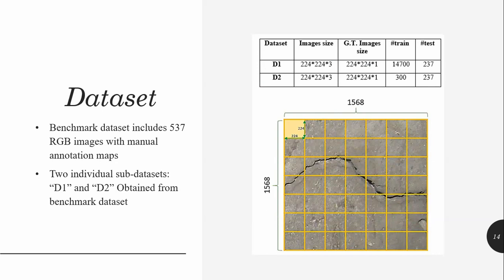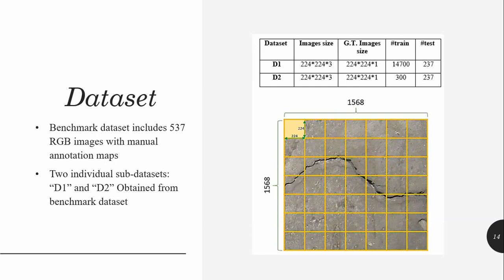First we resize each image to 1560 by 1680 size, then divide it into patches with a size of 224 by 224, and then use them as the dataset D1, I mean the dataset for subnetwork 1. On the other hand, we have resized each original image to 224 by 224 and used them as the dataset for subnetwork 2, or D2.